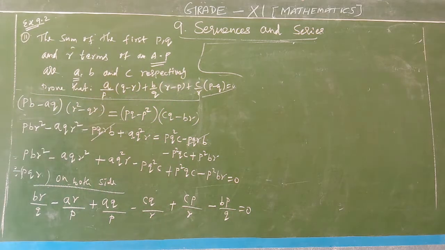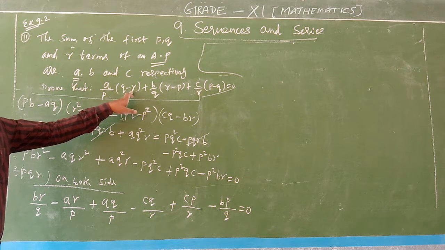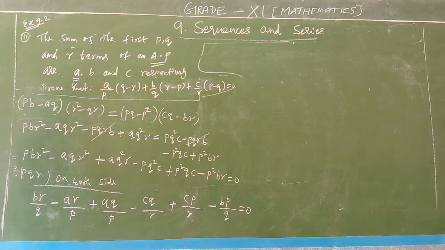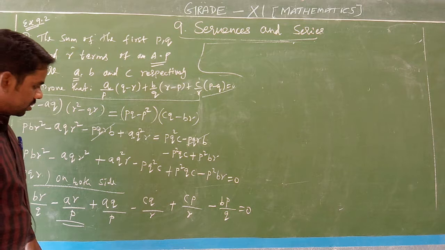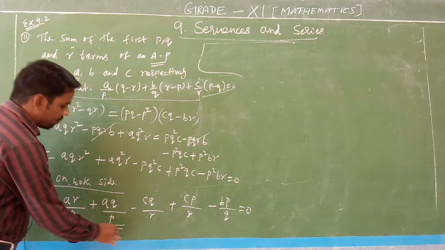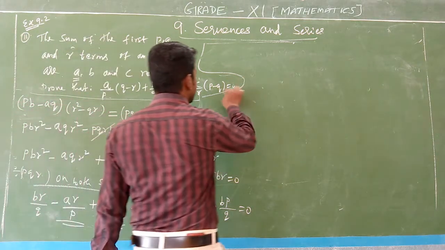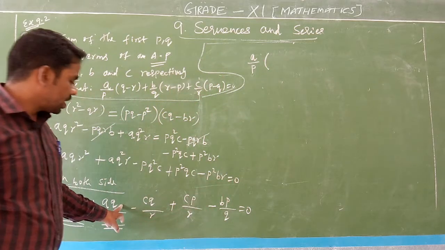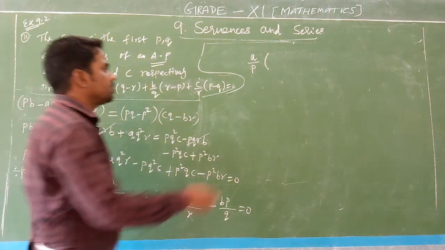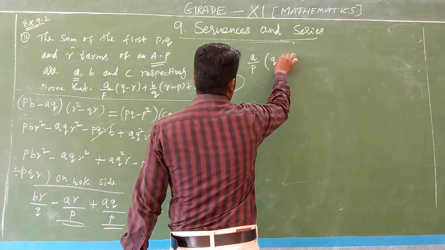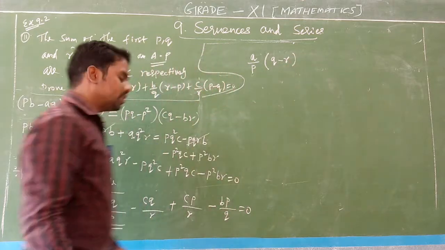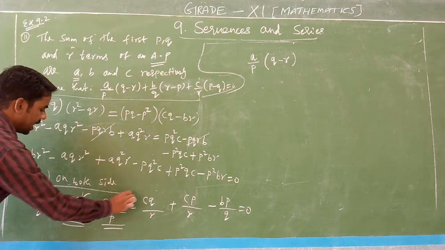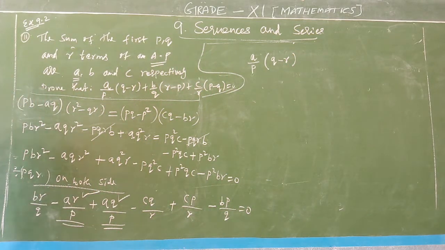We need to prove a by p of (q minus r). Here this term is a by p and another term is a by p. So a by p of, first positive term q and here minus r, so q minus r. These two terms are written as a by p of (q minus r).